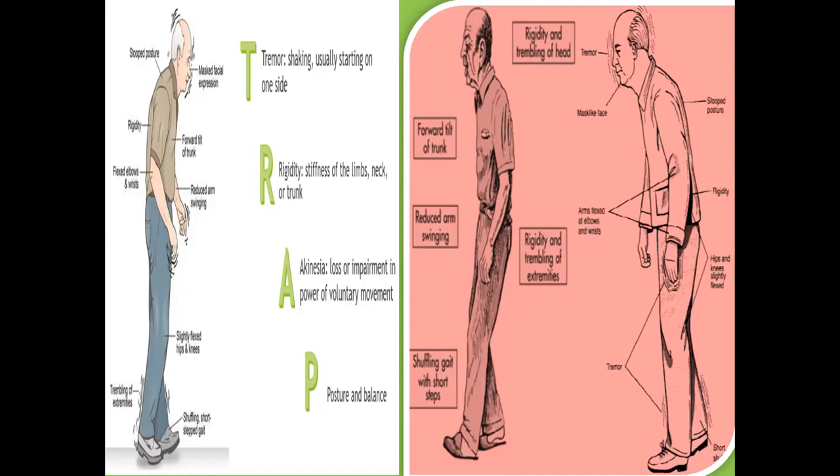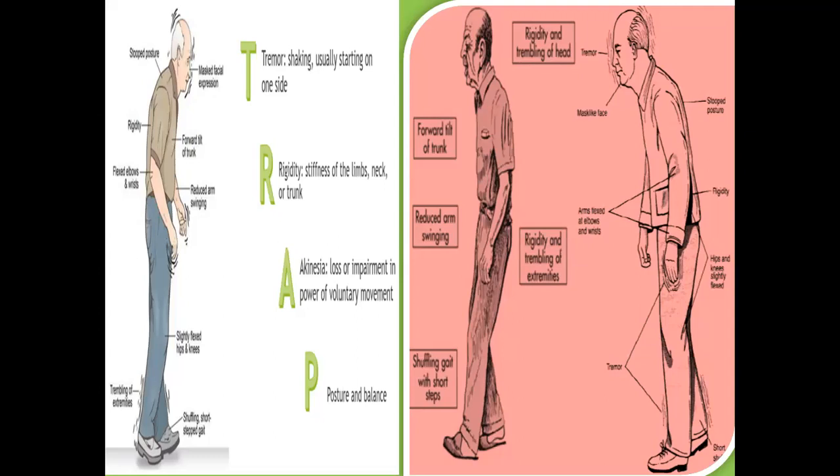Along with this, you can see the flexed posture in the second picture: forward tilt of the trunk, reduced arm swinging movements, and in the lower extremity a short shuffling gait with short steps, or festinant gait.